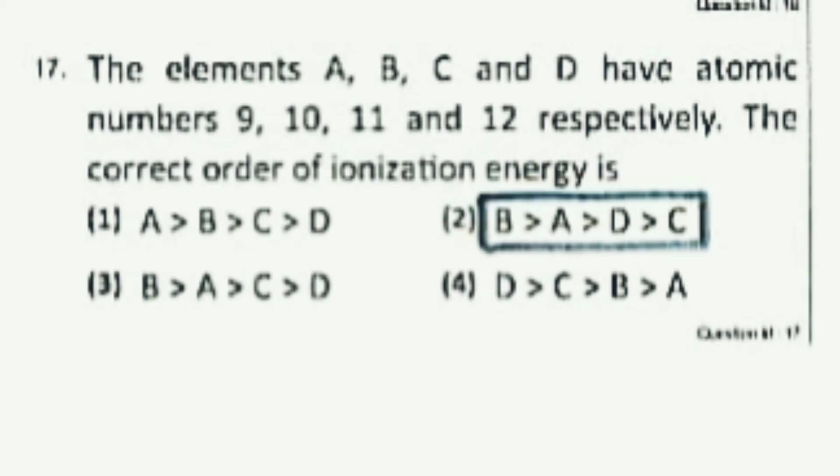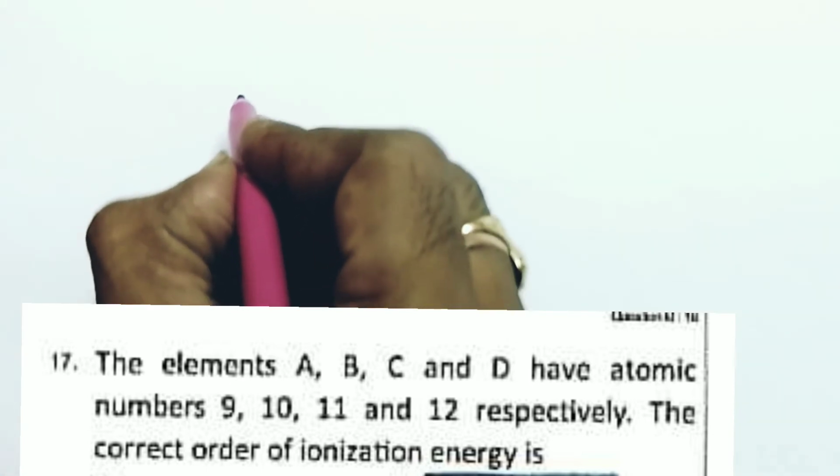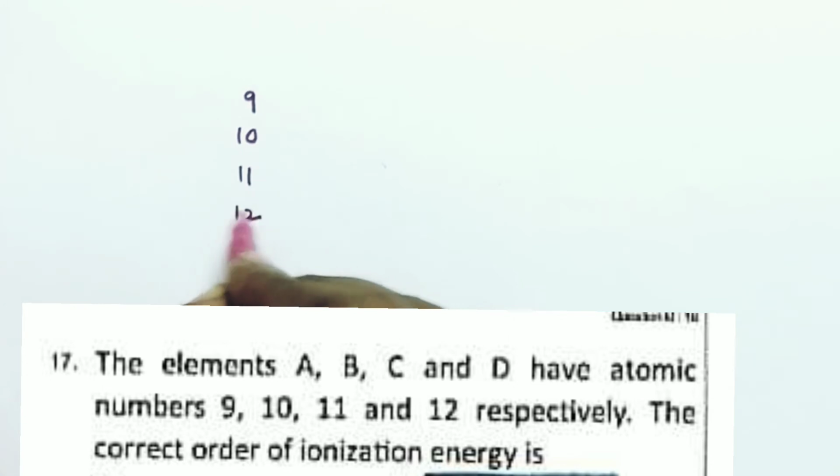Here the elements A, B, C and D have atomic numbers 9, 10, 11 and 12 respectively. The correct order of ionization energy is: here 4 elements are given with the atomic numbers 9, 10, 11 and 12.